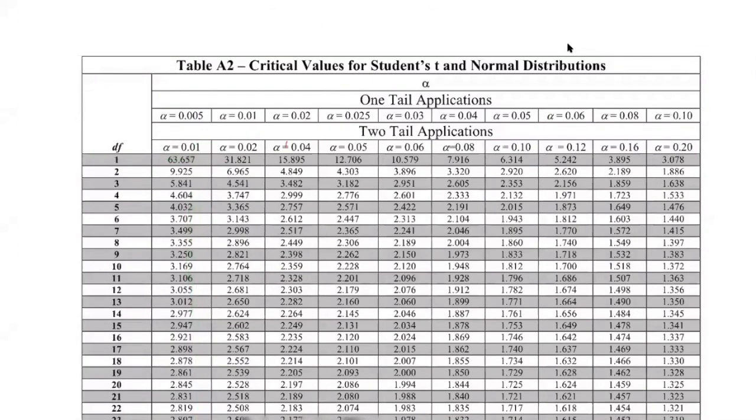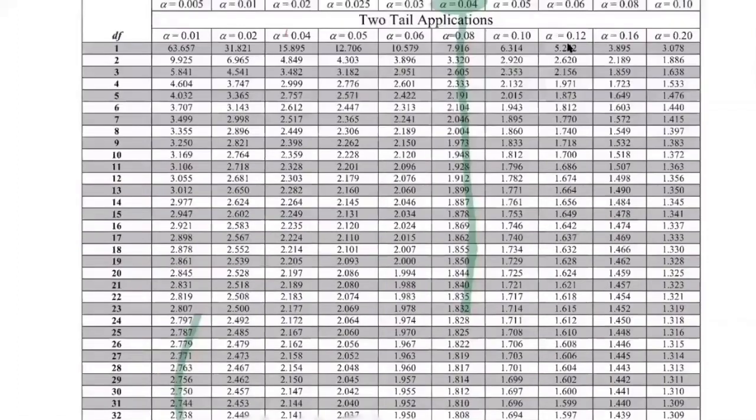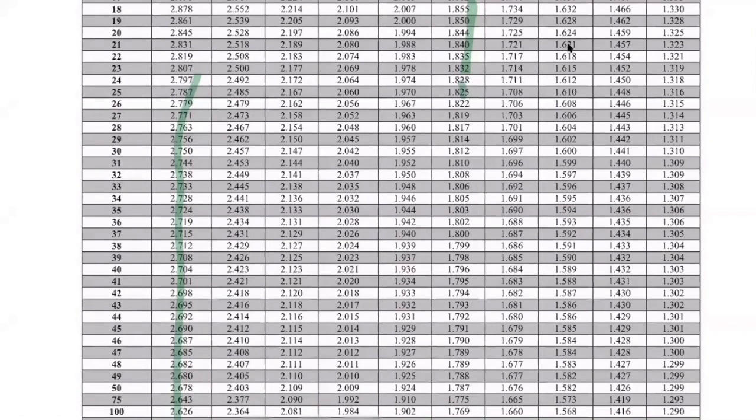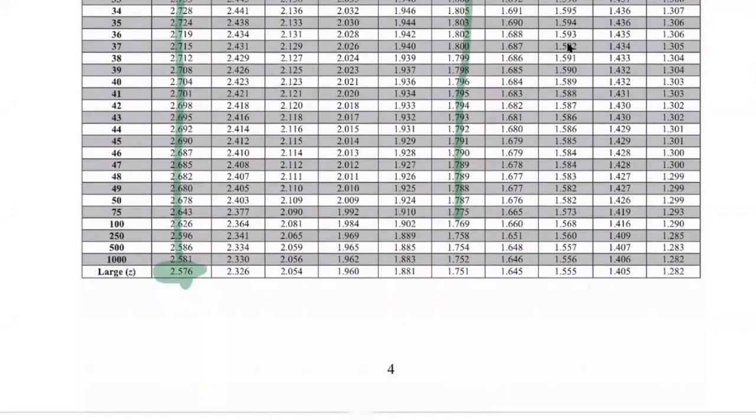Okay, 4%, and it's a one-tail test. So 0.04 is right here, and then all the way down to the bottom row. I think it says 1.751 down there.